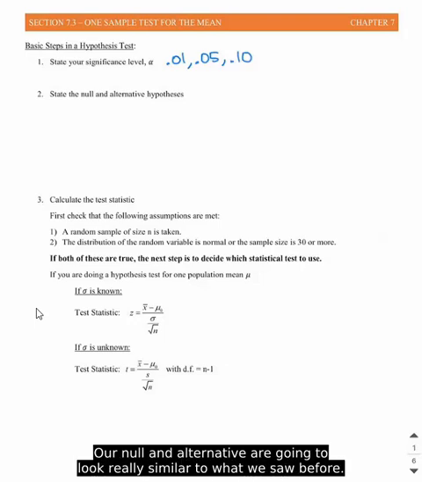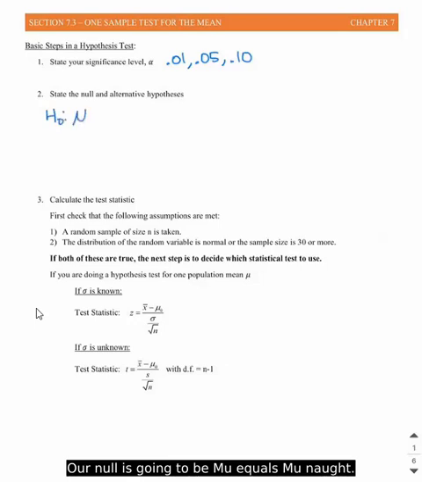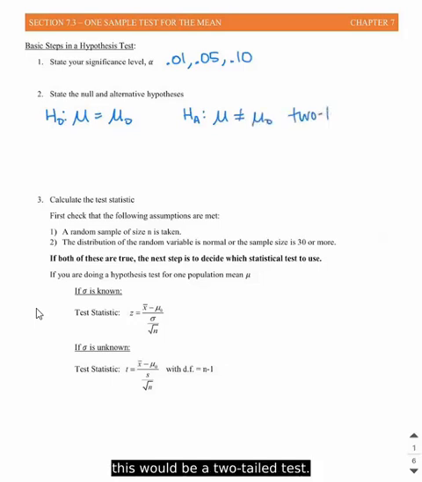Our null and alternative are going to look really similar to what we saw before. So our null is going to be mu equals mu naught. And then for my alternatives, we have different cases. We could have mu does not equal mu naught, which would be a two-tailed test.